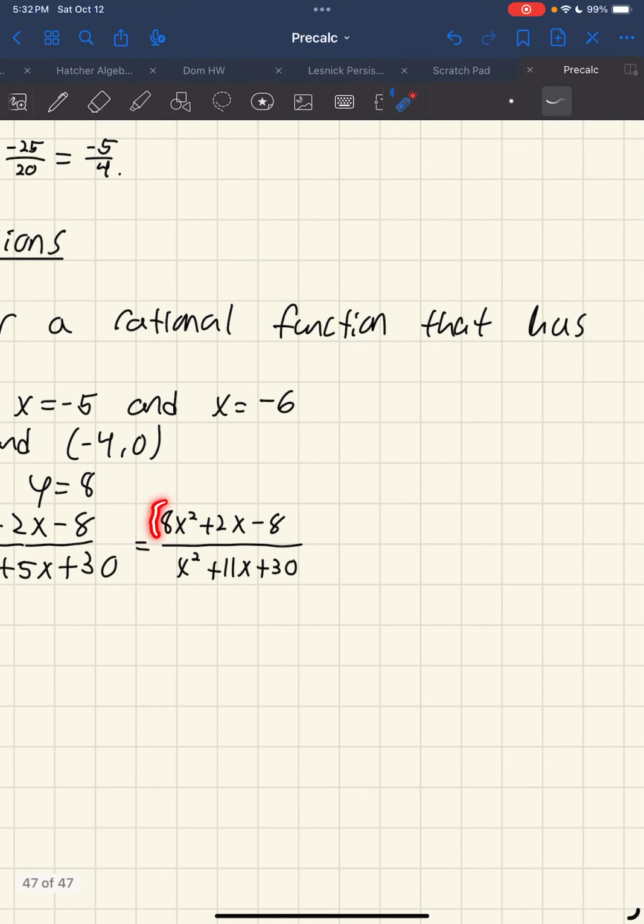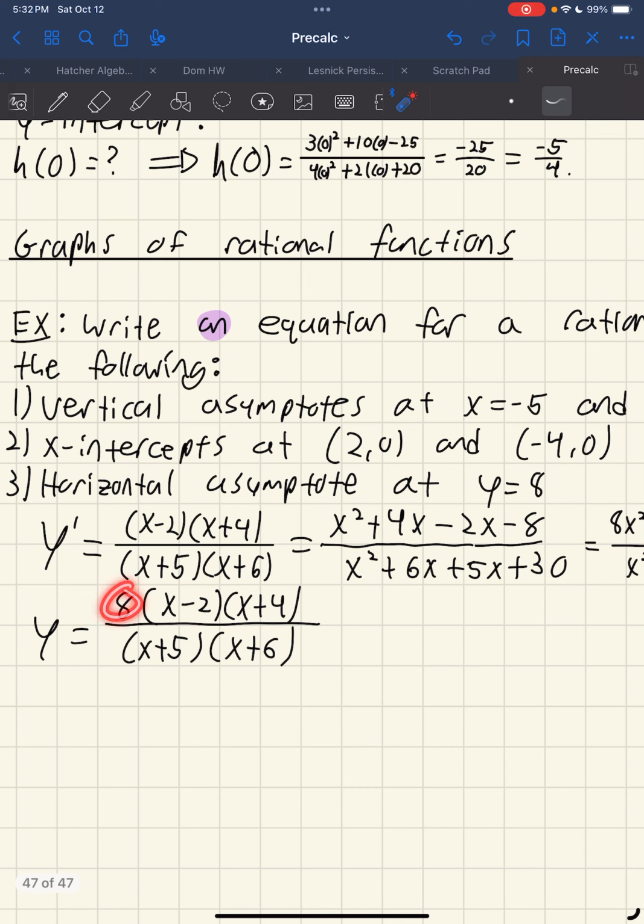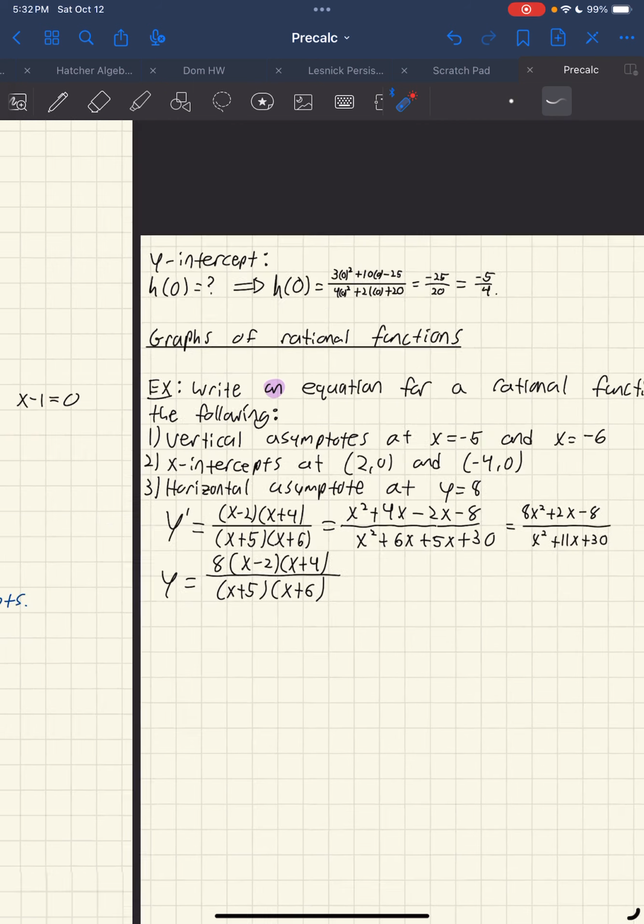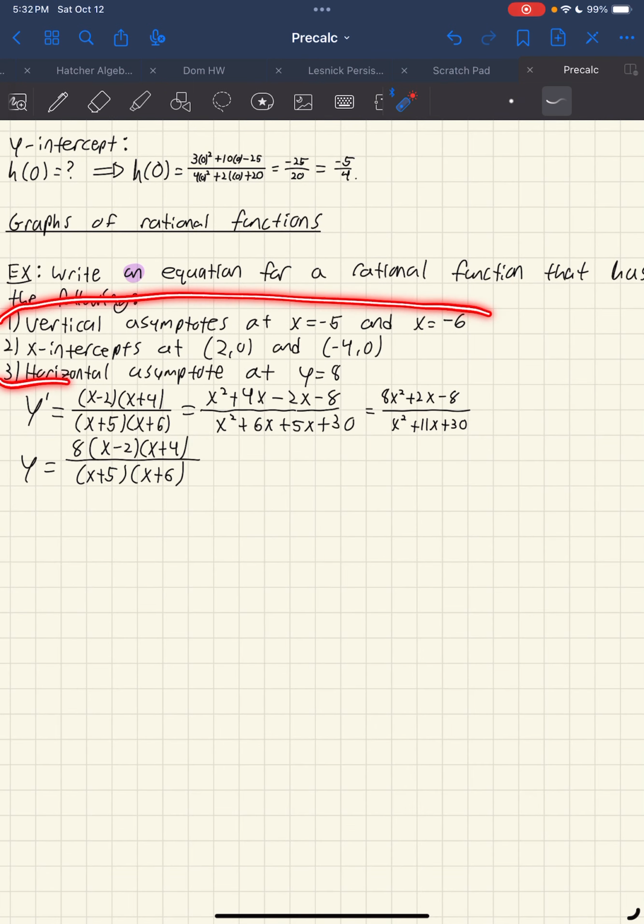So I can't just plug in 8 there. However, if I plug in 8 out here, plugging in 2 still makes the whole thing go to 0. Plugging in -4 makes the whole top go to 0. So this is, by all accounts, a very great equation that satisfies all 3 of these conditions.